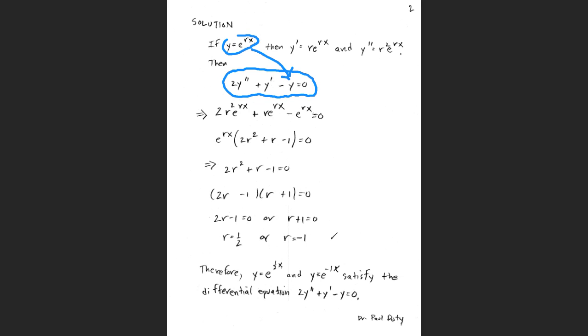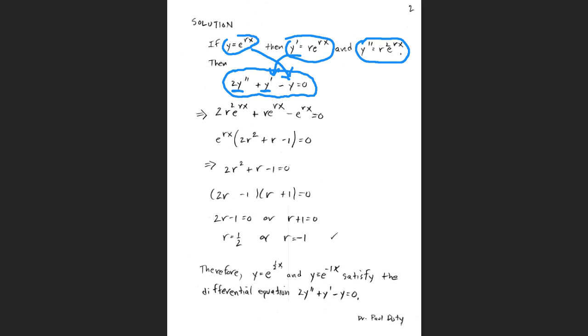But in order to substitute in the derivative of y and the second derivative of y, I need to find those derivatives. So if y equals e to the rx power, then y prime would equal r times e to the rx power, and the second derivative of y would be r squared times e to the rx power.